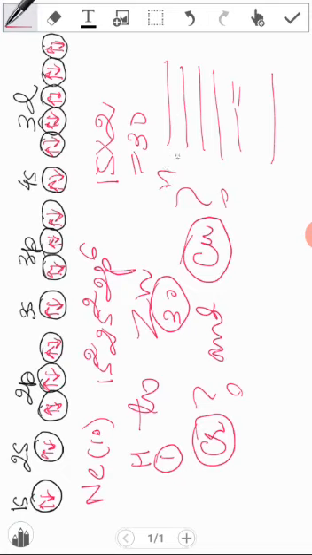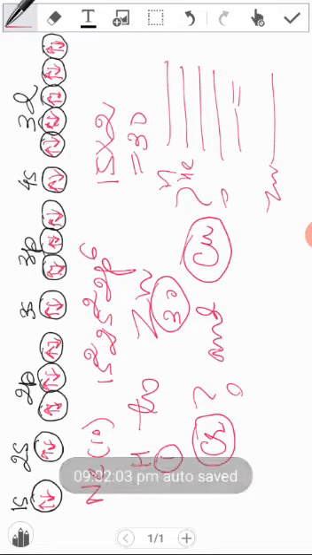Then write hydrogen, helium and then zinc. You keep filling electrons like this, and I will tell you afterwards how electronic configuration of chromium and copper is different.